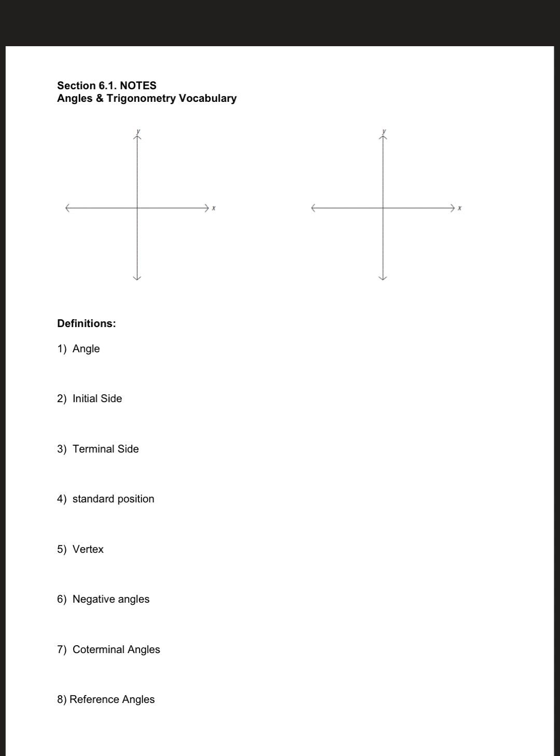So an angle is a measure of rotation. You can have two different ways.